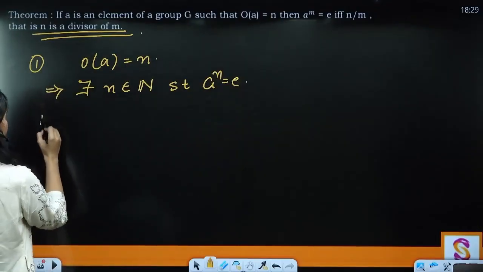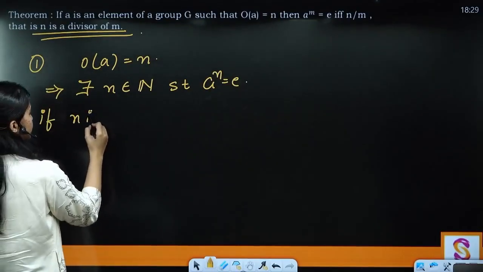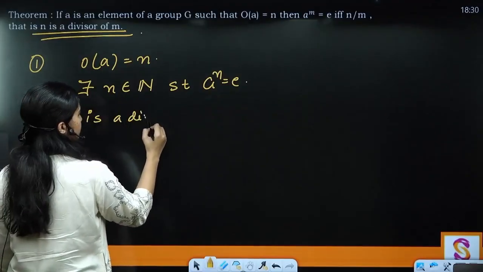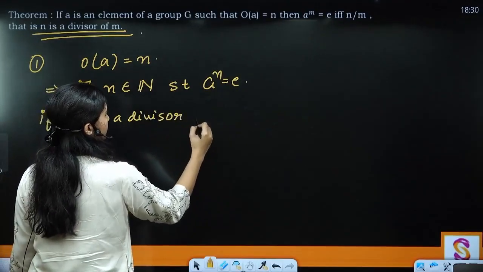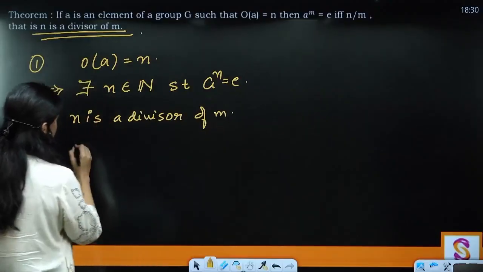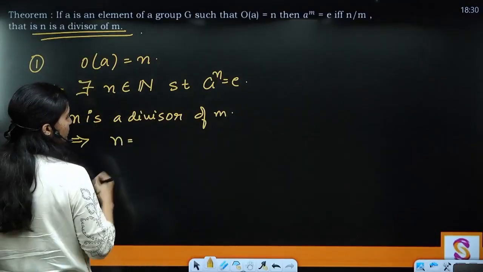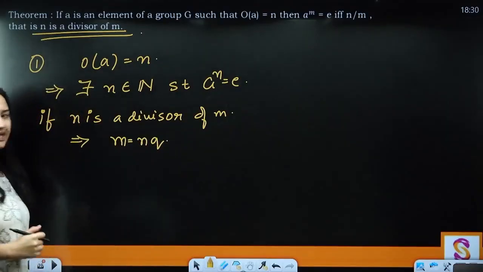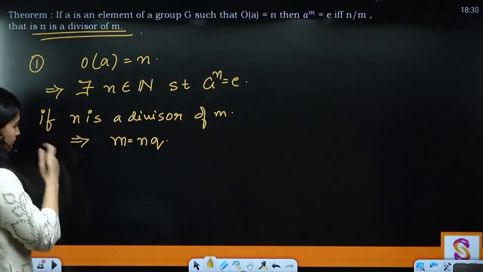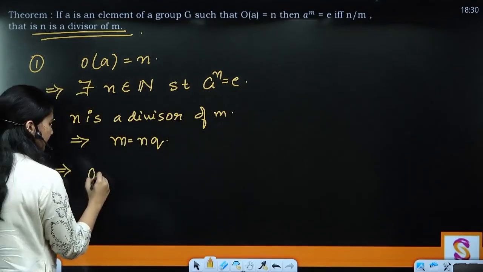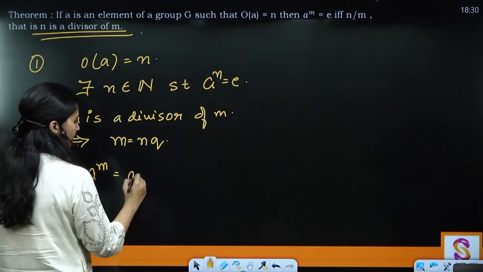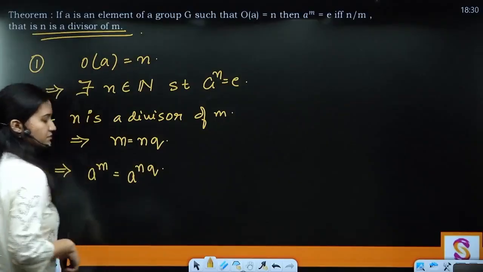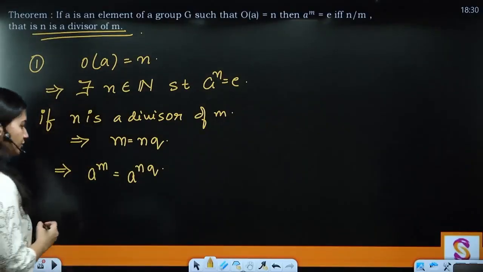Now if n is a divisor of m, this implies that m is equal to nq, where q is any natural number. Now this implies that a raised to the power m equals a raised to the power nq. Any problem in that? No.